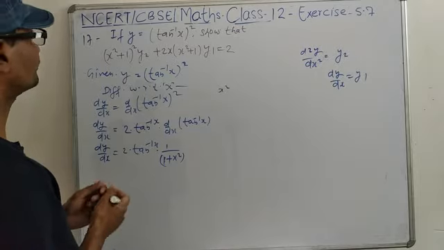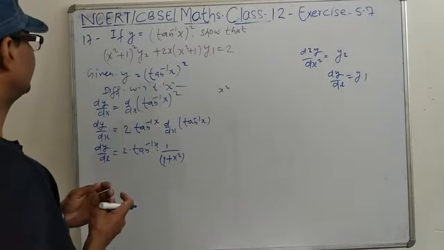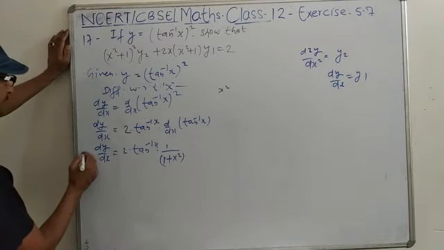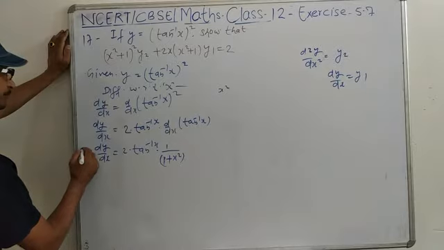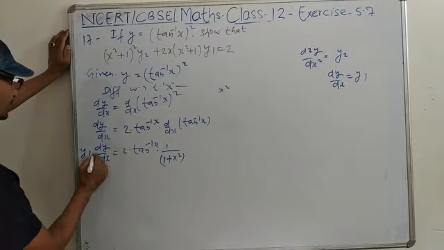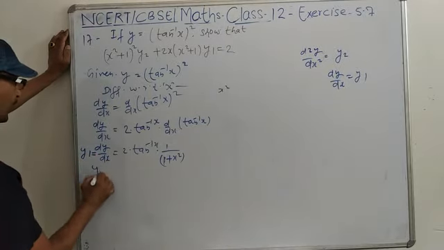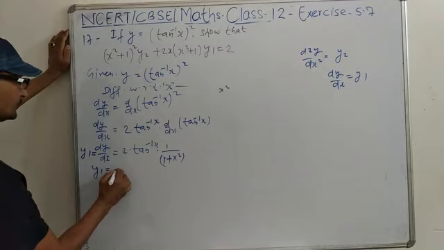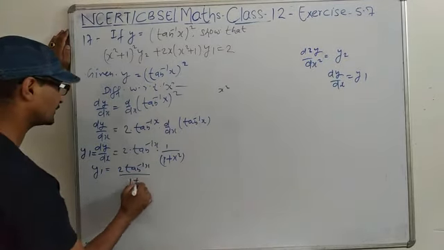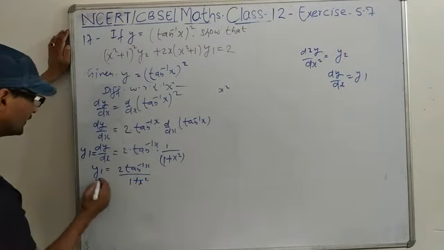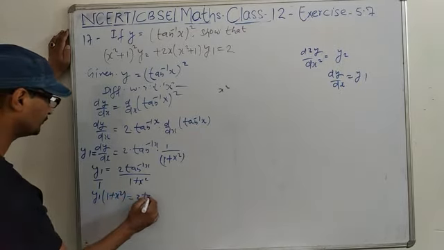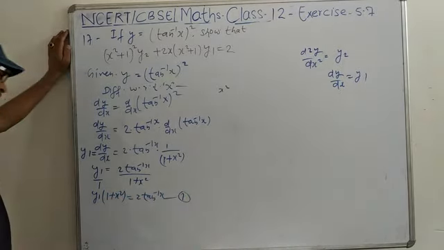We can also write dy by dx as y1. So y1 is equal to 2 tan inverse x by 1 plus x square. By cross multiplying, y1 into (1 plus x square) equal to 2 tan inverse x, equation number 1.